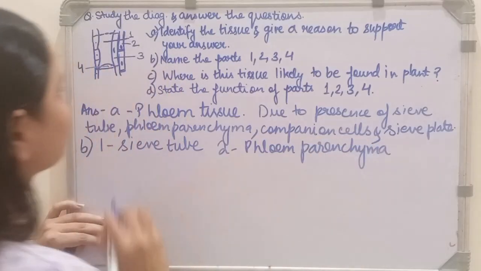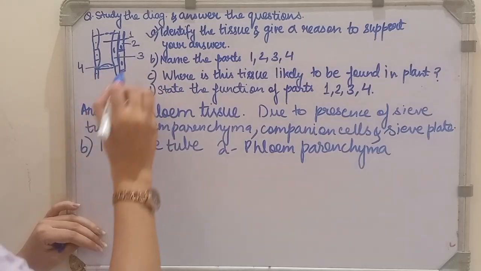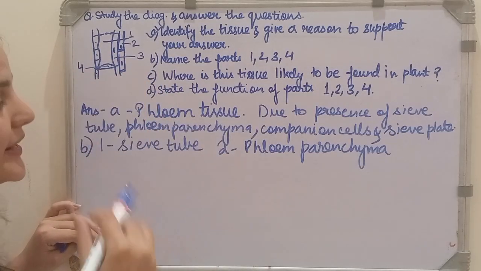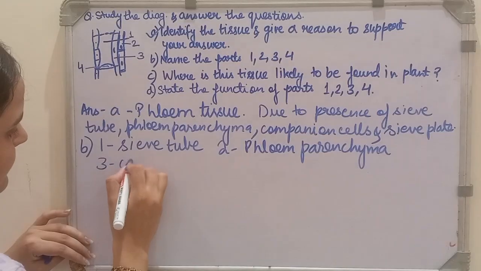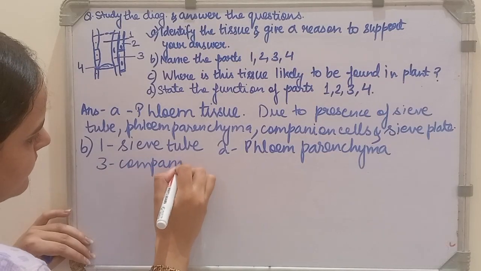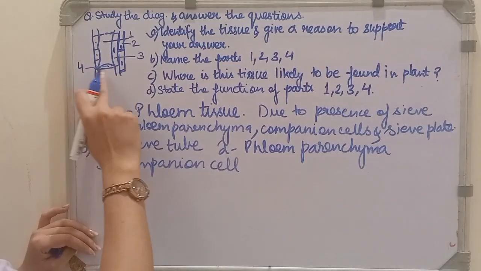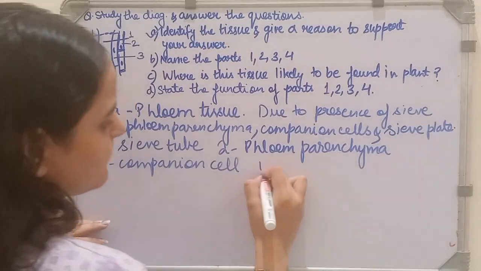Okay. Now 3 is enclosure with sieve tube. So 3 is companion cell. Now fourth is what? Fourth is sieve plate.